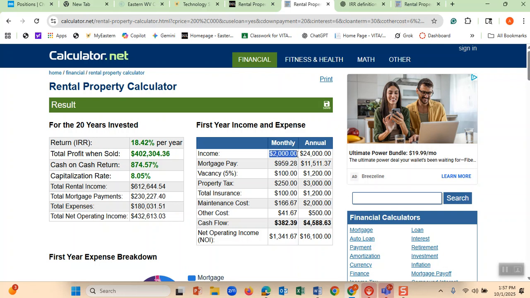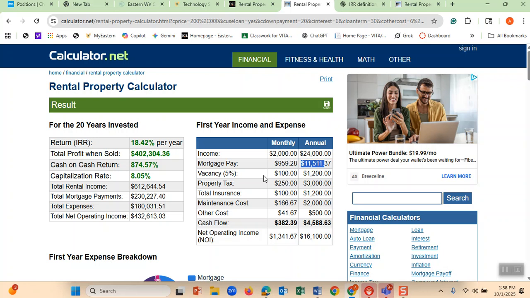Then you come here and we look at our monthly income. Didn't we say that you are going to rent it out for $2,000 monthly? You get $24,000 annually, and your mortgage payment when you get a loan: we said the house is $200,000, you put 40% down, that's $160,000, and you are borrowing at 6%. The bank will tell you that your monthly payment is around $959 a month for 30 years, and this is what you pay annually.